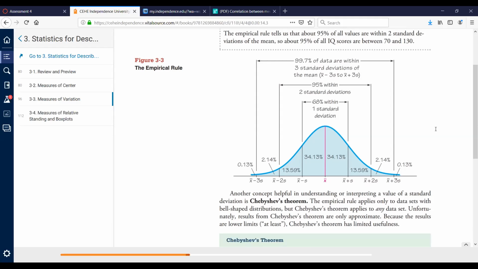So if the mean was, say, 24, and your number was 22, then subtract the mean from that data point and you get minus 2.